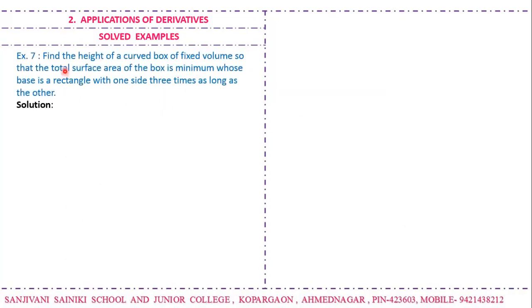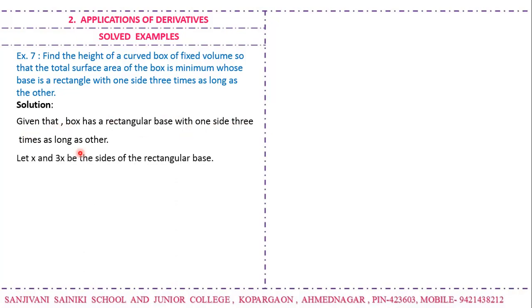Now find the height of the closed box of fixed volume so that the total surface area of the box is minimum, whose base is a rectangle with one side 3 times as long as the other. Now it is given that the box has a rectangular base with one side 3 times as long as the other.